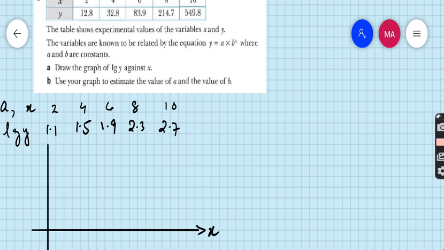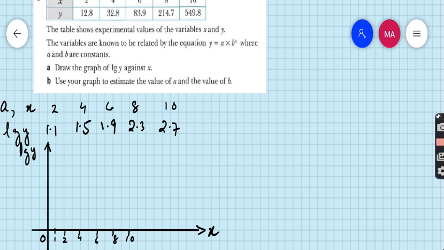On the x axis we have to plot the values of x, and on the y axis we have to plot the values of log y. The maximum value of x is 10, so I am taking 1 square as 1. 1, 2, 3, 4, 5, 6, 7, 8, 9, 10.